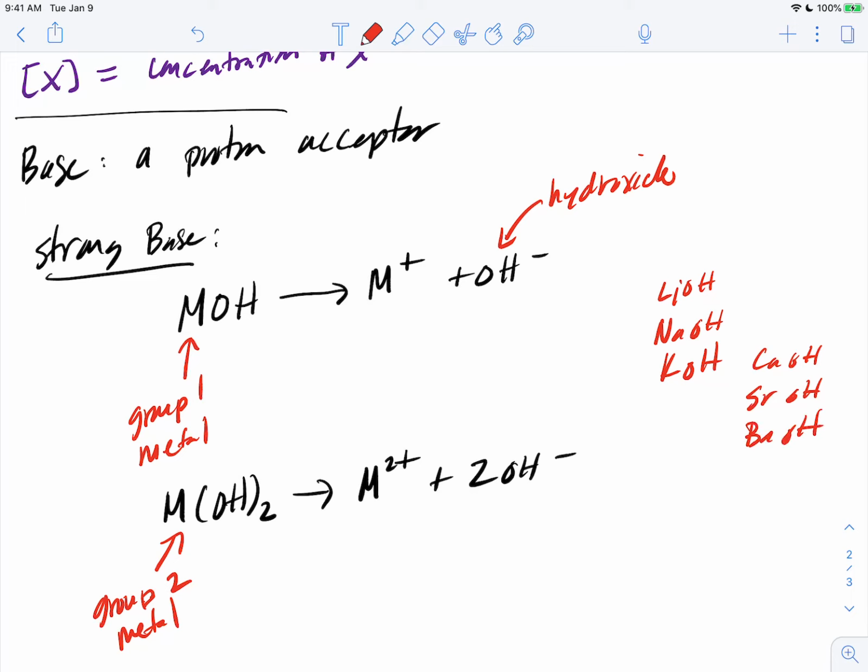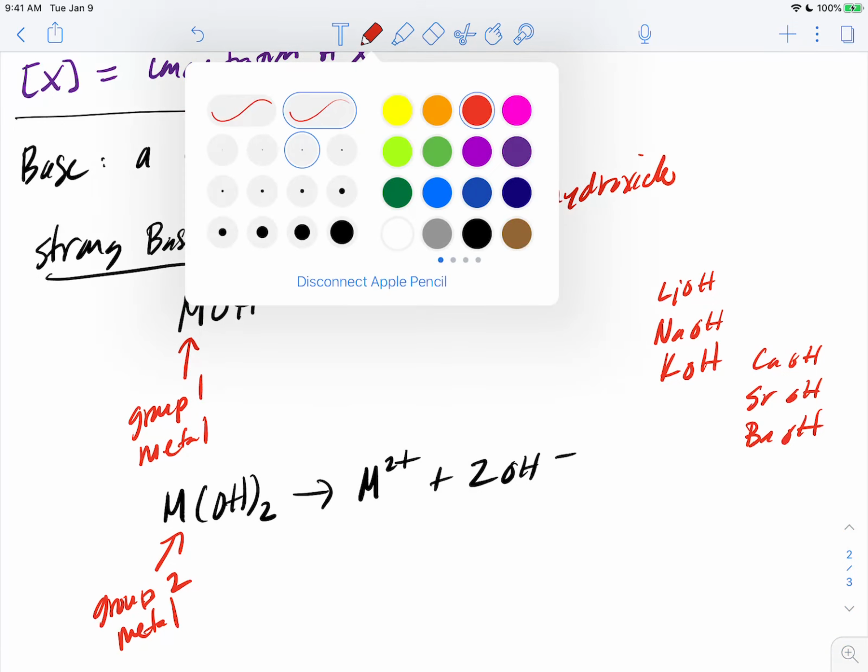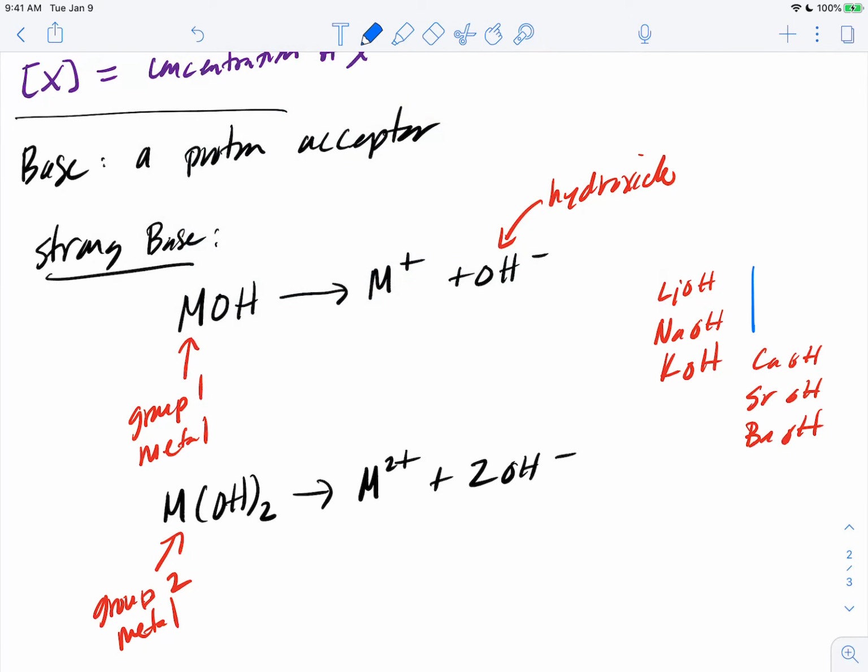Now you'll notice the 2 that are missing, I've written these as the periodic table is written. The 2 that are missing are beryllium hydroxide and magnesium hydroxide. These are all OH2. I'll go fix those. Let me go back in red and give all of these the 2 hydroxides they need.